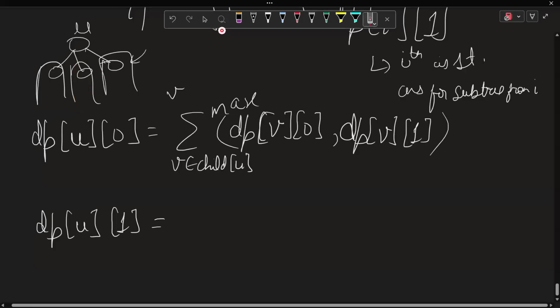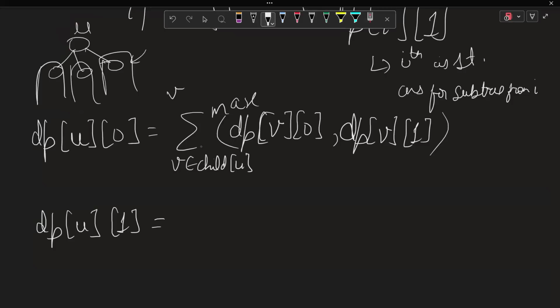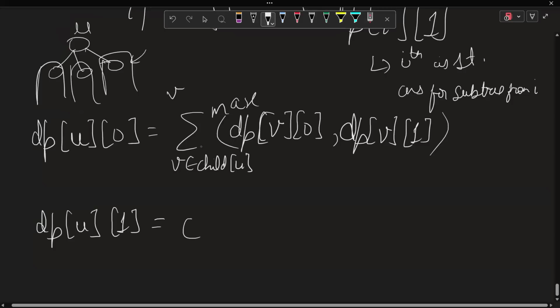Since this is also selected, it would reduce points from u also. So if we are selecting this, it's not minus 1, it's minus c. So the c coins are utilized there.